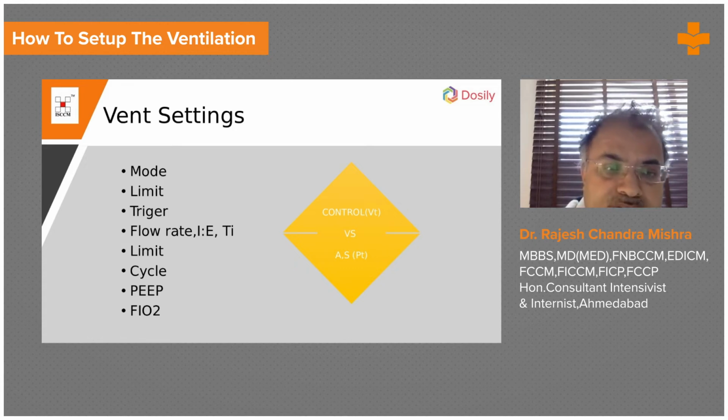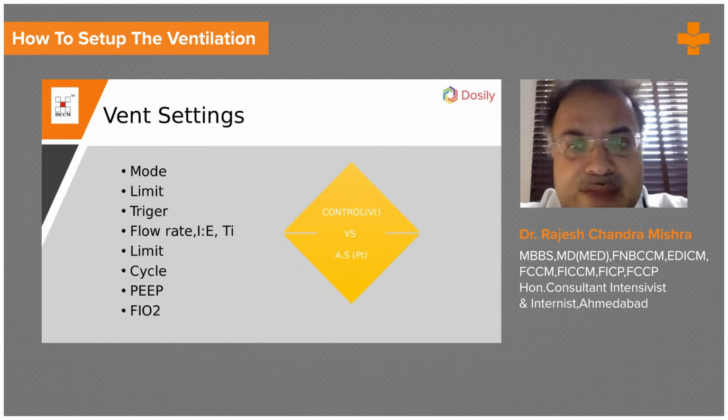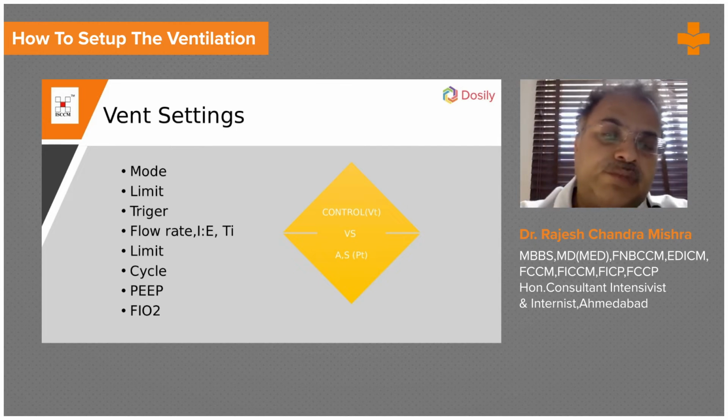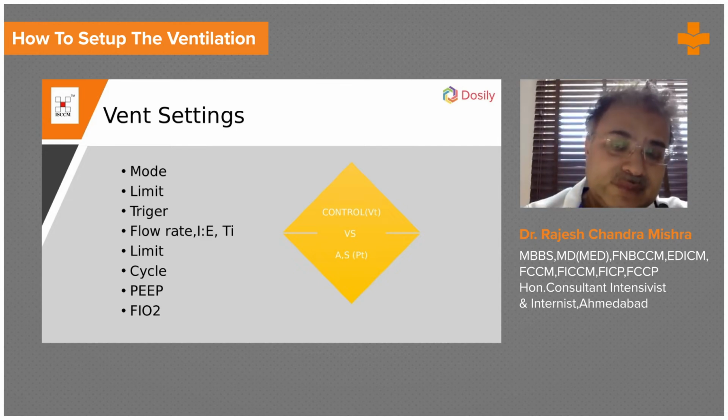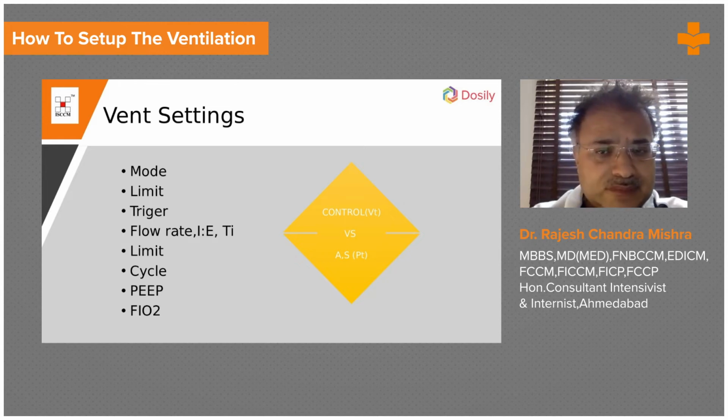The importance of understanding the cycle is, if it is a control mode ventilation, it is either inspiratory time or flow rate which puts the patient in the expiratory phase. Now, here you can have some problem if a patient starts breathing spontaneously, and you have fixed the flow rate or fixed the inspiratory time.